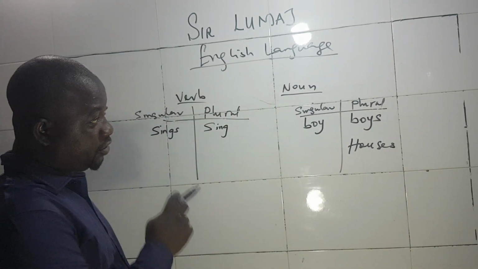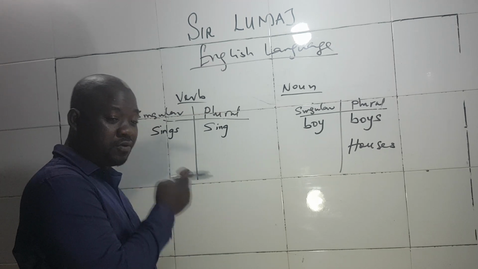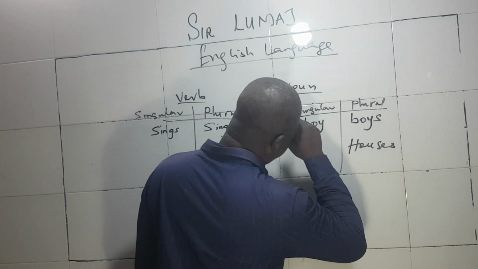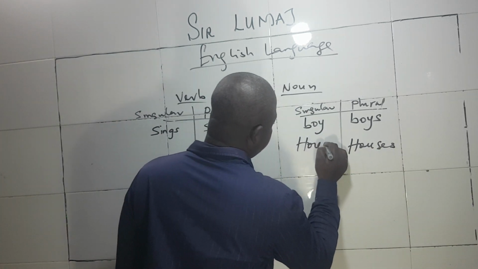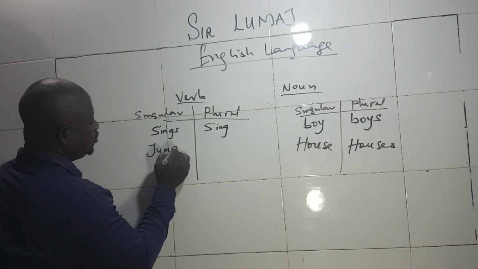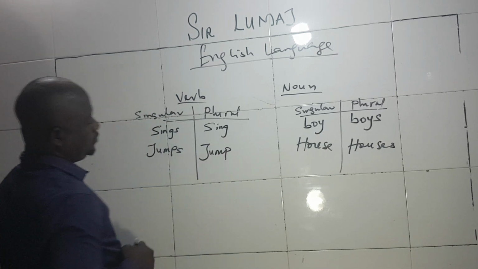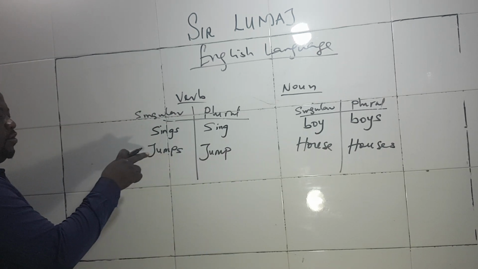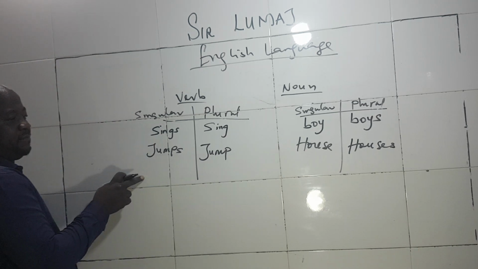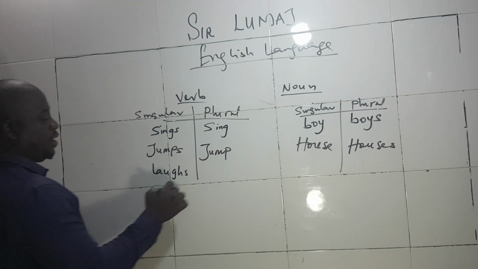Don't forget, if you have not watched my lecture on the noun, that's Introduction to English Language, go and watch it. That's where you can really be following us. Houses, that's plural. The house, singular. If I say jumps, and jump, you can see the difference now. When your verb is carrying S, it is singular. Laughs, laugh.